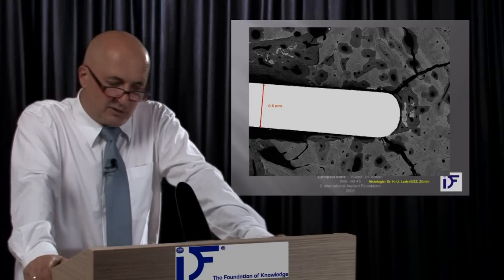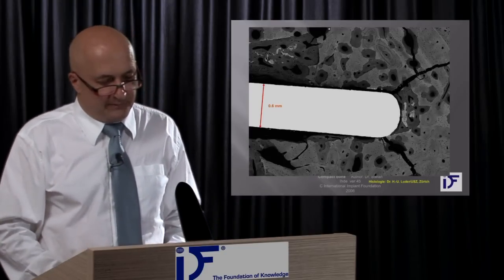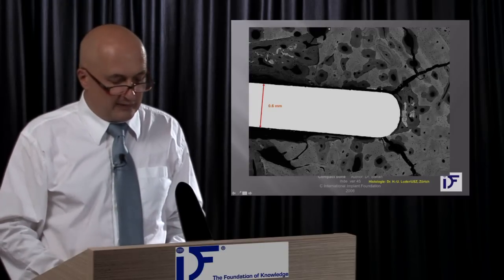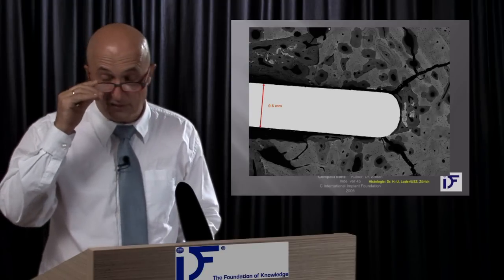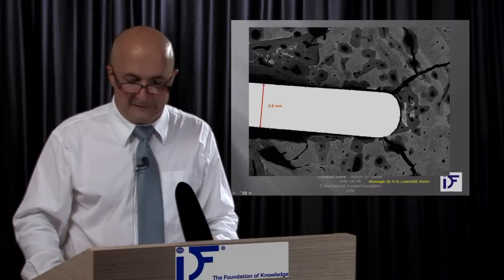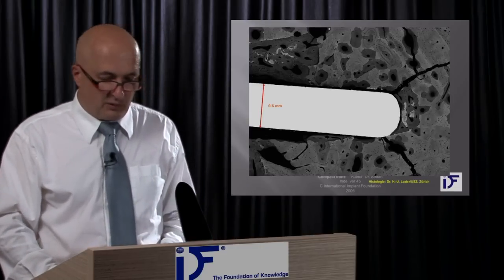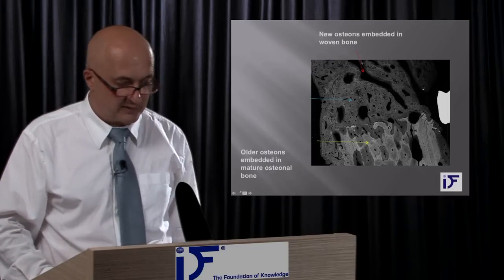So this bone does not create any new bone. Of course, we have to ask then the question, why are we doing a bone augmentation? And is the theory of the bone augmentation, as we read it in the books and as we hear it from many lecturers, really true? And my answer to this is no, it's not true. There's no bone coming out of dead bone, just like dead people don't make kids.